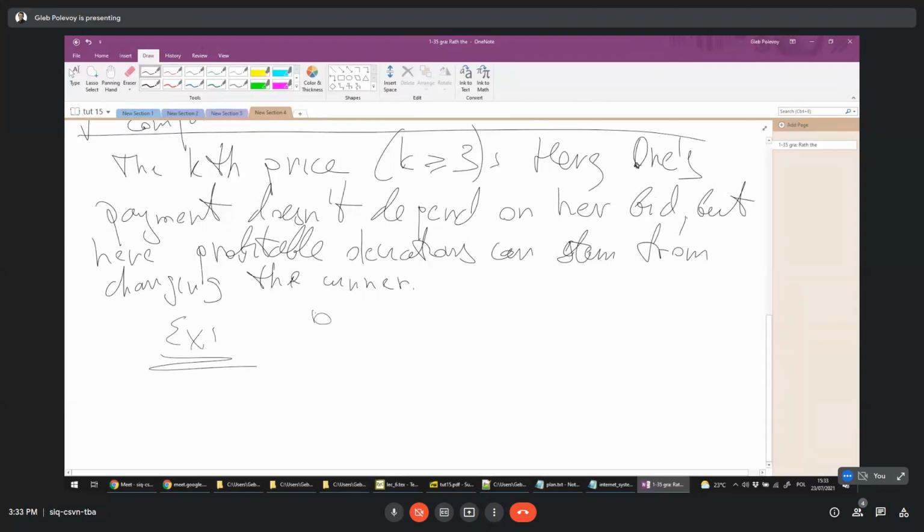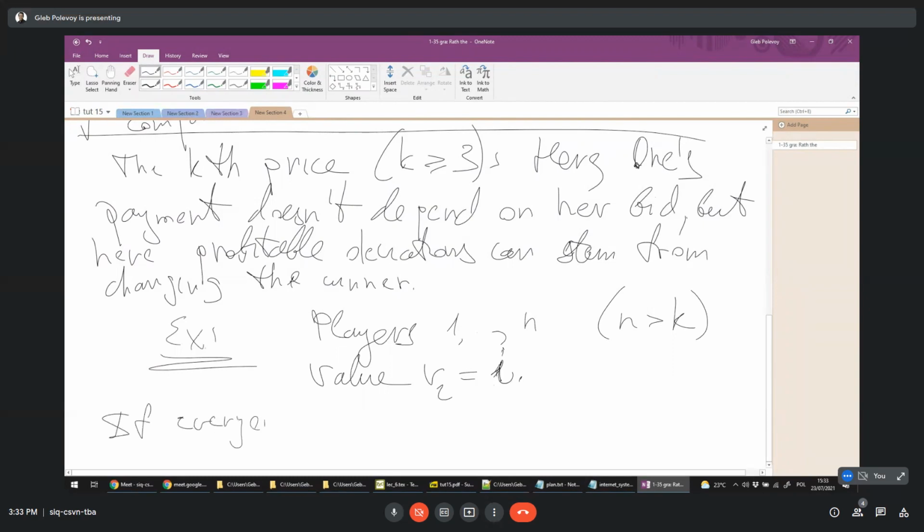So consider the players 1 till n for some n which is greater than k, and assume that the value v_i is equal to i. So the value of player i is i. Now, if everyone bids truthfully, player n wins.